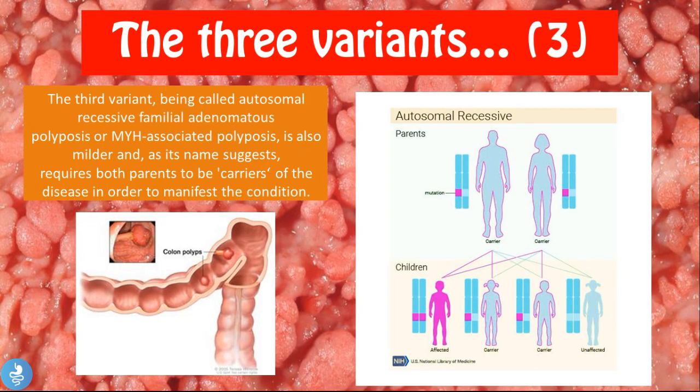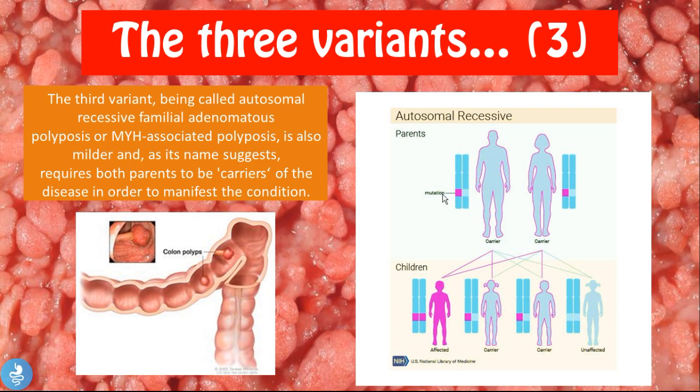So now let's talk about the third variant, and the third variant again was called the autosomal recessive familial adenomatous polyposis, or the MYH-associated polyposis. This is also milder, and as its name suggests, requires both parents to be carriers of the disease in order to manifest the condition.